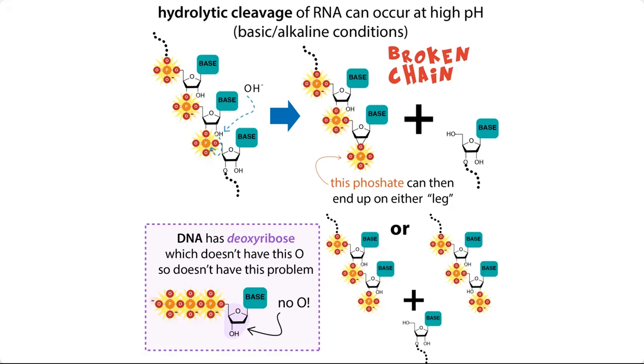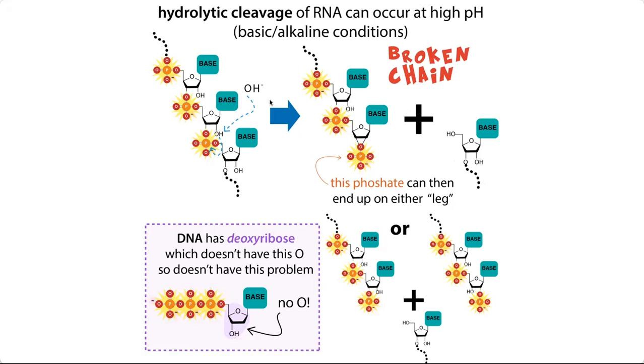If we have this 2' OH deprotonated, well, now we have a strong nucleophile that's going to attack this phosphorus, this electrophile. So we get this interchain breakage because that phosphorus is going to kick off the next base in the chain. We start off with this cyclic product, but then that phosphate group can end up on either the 2' position or the 3' position.